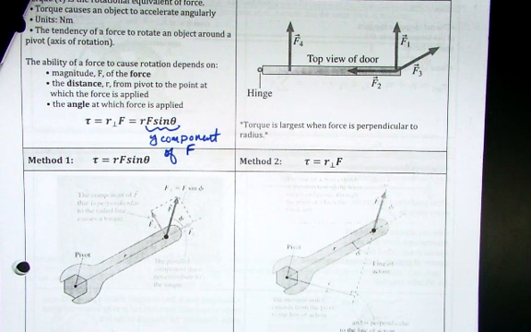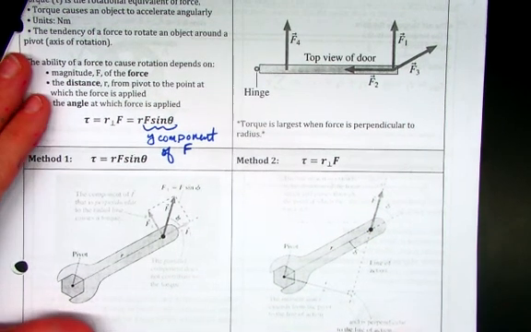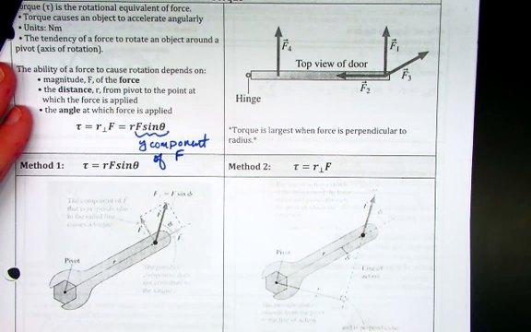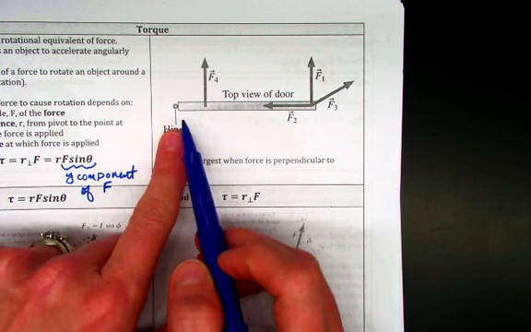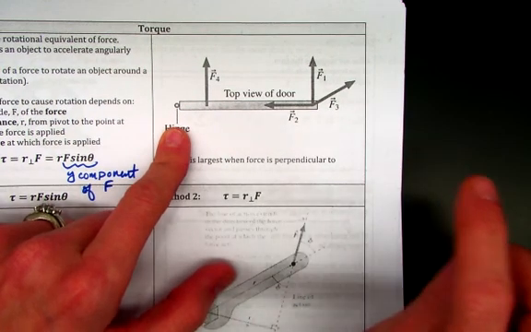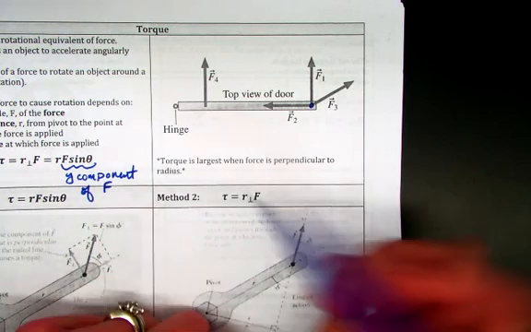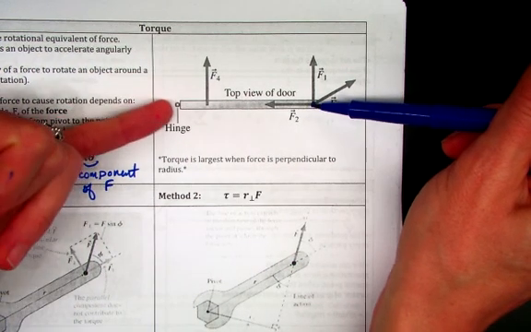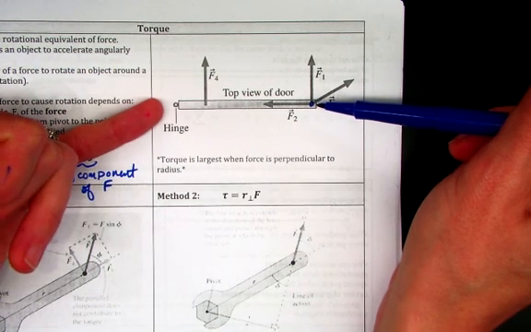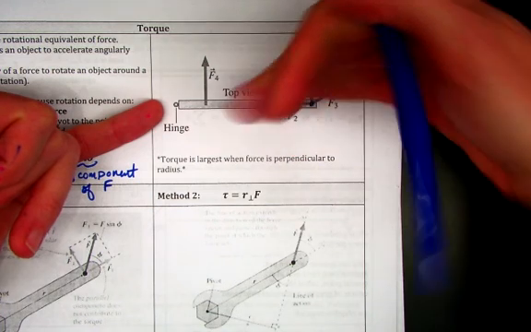Okay, so when we look at this, we have our hinge, and we have this force right here, and it's moving in, force 2. Is this going to successfully open the door? No, we're pushing into the hinge. This is not going to move at all. One thing I also want to point out is if you're kind of looking at this like the x and y axis, right?